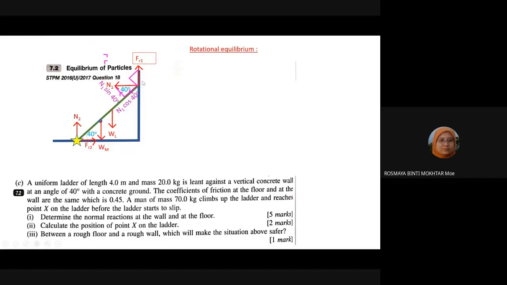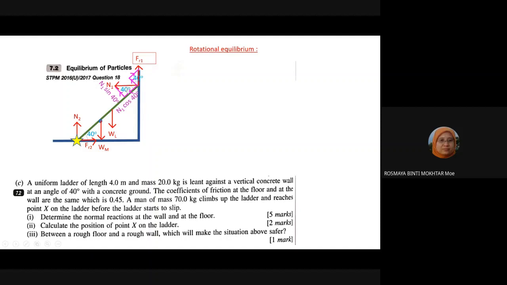So the components for N1 are these two. Then we do the same for the components of FR1. We need to draw the triangle this way. Choose the triangle where they can make a horizontal line and a vertical line, especially the vertical line with the ladder here. So that's why we choose this triangle, a right angle triangle. Before that we need to determine the angle.